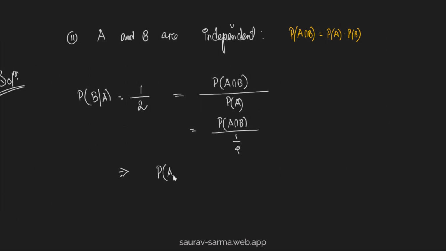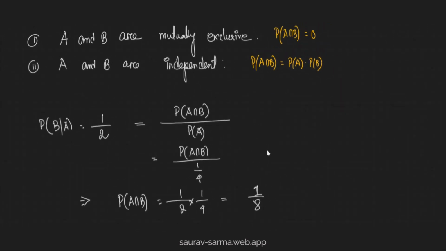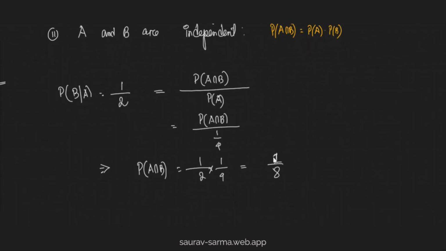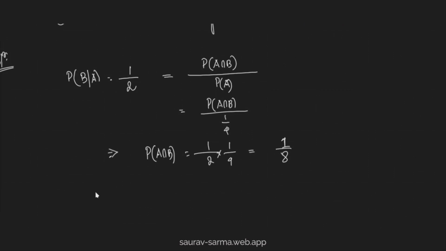So that means probability of A intersection B is 1 by 2 into 1 by 4 is equal to 1 by 8. So we found out their intersection is 1 by 8. So intersection 1 by 8 means it is not 0.